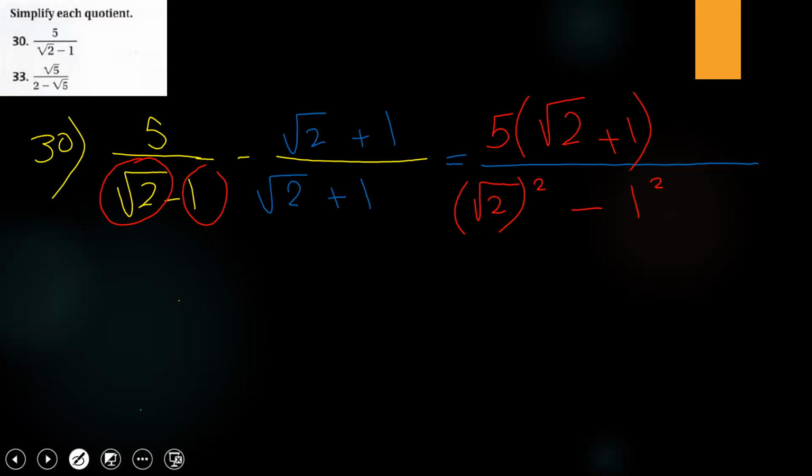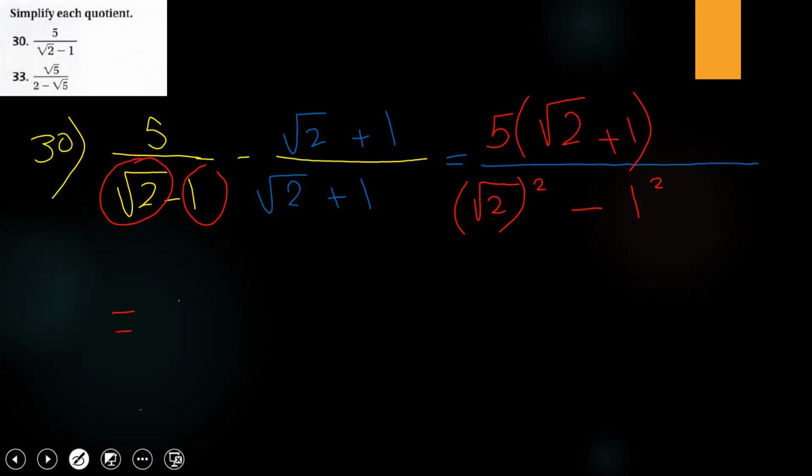We multiply the numerators and we multiply the denominators. The product of the numerator is 5 times square root of 2 plus 1, and of the denominator we have to multiply the conjugates, which is the square of the first term minus the square of the second term.